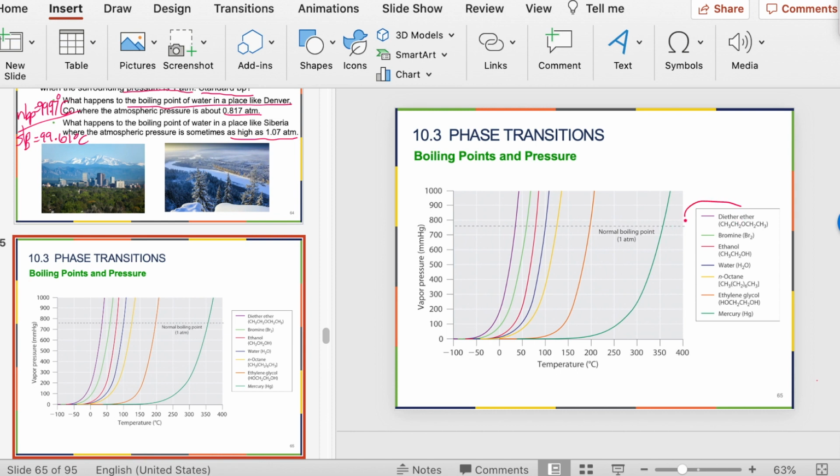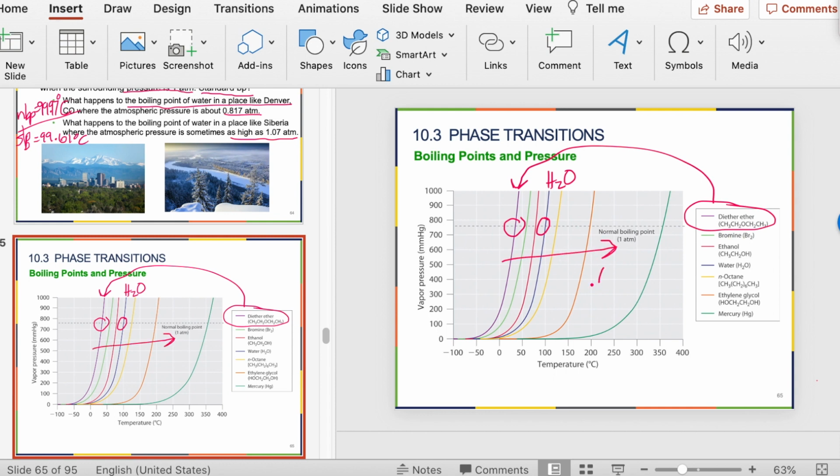And here's your diethyl ether with the very weak forces of attraction, and that temperature, hard to see, but that's about 35. Here is your water, and we said that was approximately 100. So as you're going this way, you've got larger intermolecular forces.